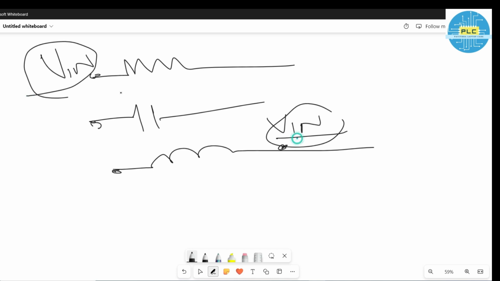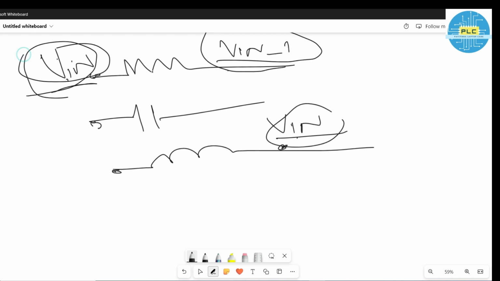The voltage V in will be the same and has continuity. Here, suppose it is V in underscore 1, then it's not equal to this. Both are different. This name is different and this name is also different. Continuity won't be there; even if you check, it won't match.